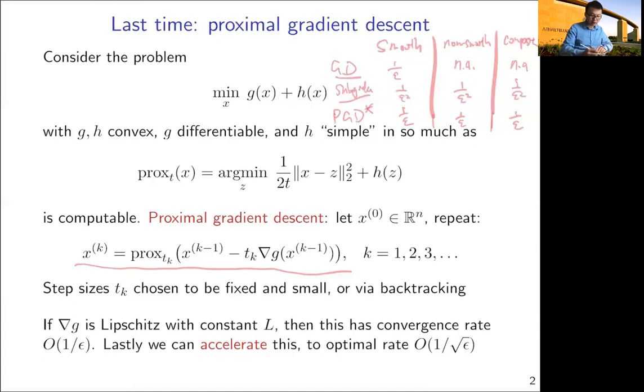And finally, if you use accelerated proximal gradient descent, then you can get 1/square root of epsilon in all these problems. Okay, and in addition, suppose we make a strong convexity assumption.